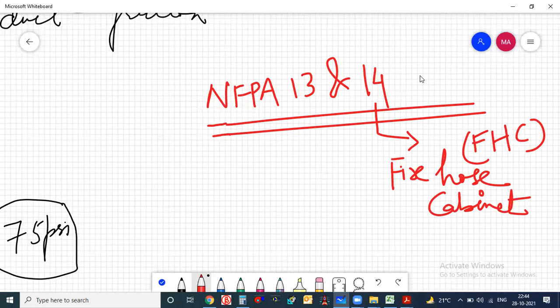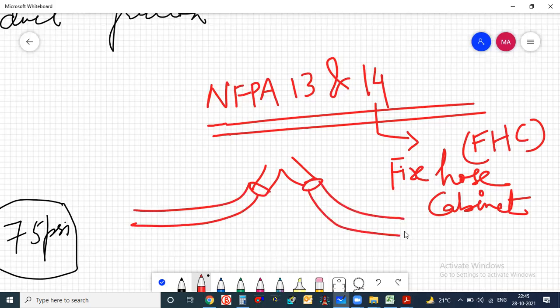That is double headed. You will find the hose reel. Normally single headed, double headed is nothing, but double headed will be something like this. Suppose if you are using double headed, means one pipe can go here, one pipe can go here. Sometimes this also comes. So here what happens, this is 15 meter, this is 15 meter, or sometimes this is 30 meter, this is 30 meter, it depends. So if you are increasing the length, the price will also increase. So like that, I will show you some images tomorrow.